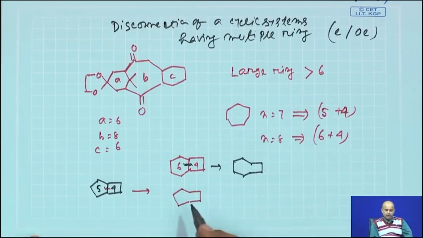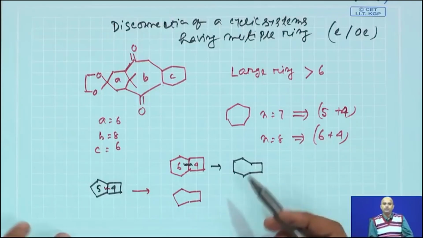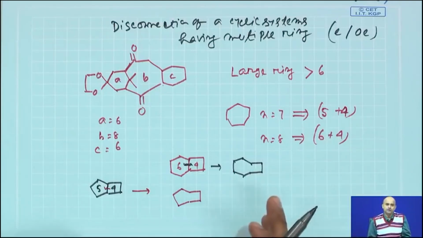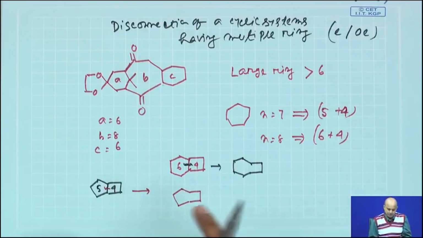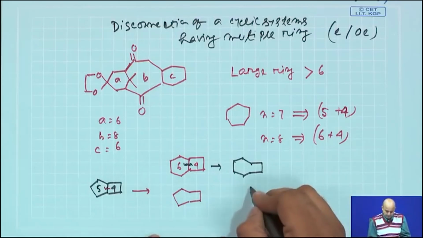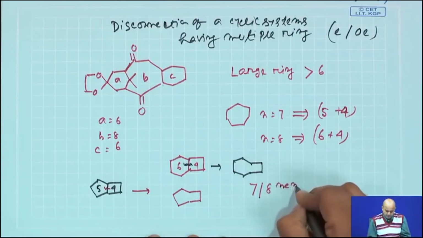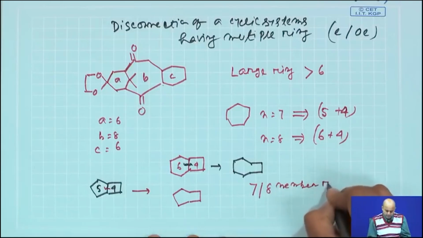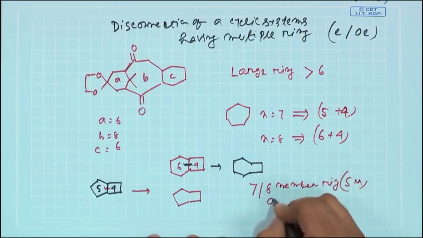So, I am saying that normally 7-member rings or 8-member rings are often constructed through a retrosynthetic pathway or synthetic analysis in this way, because starting materials containing 7-member rings and 8-member rings are not easily available.